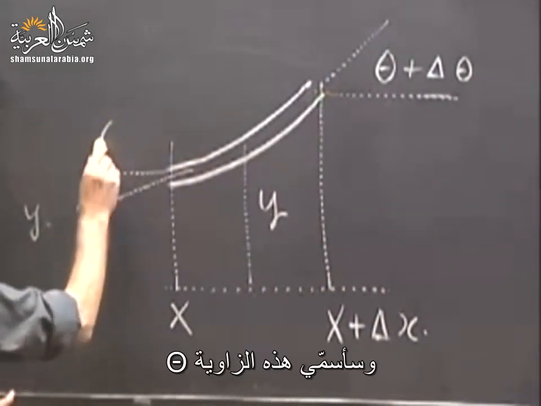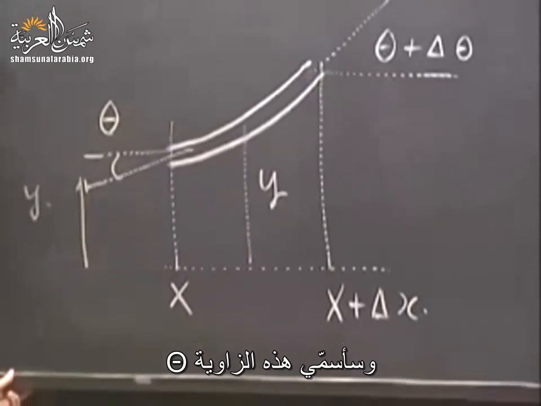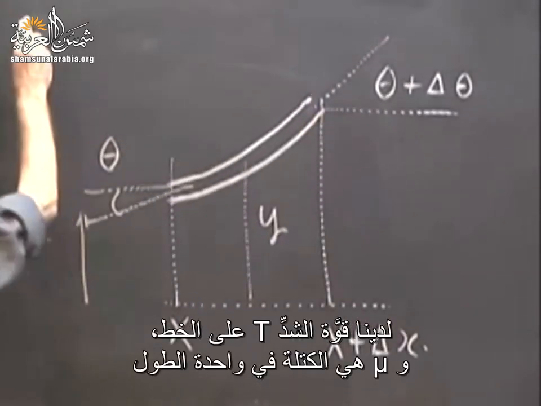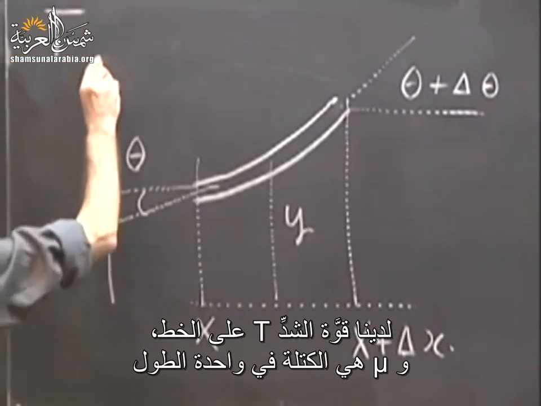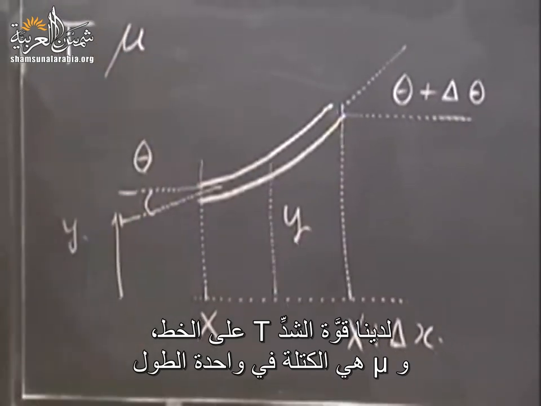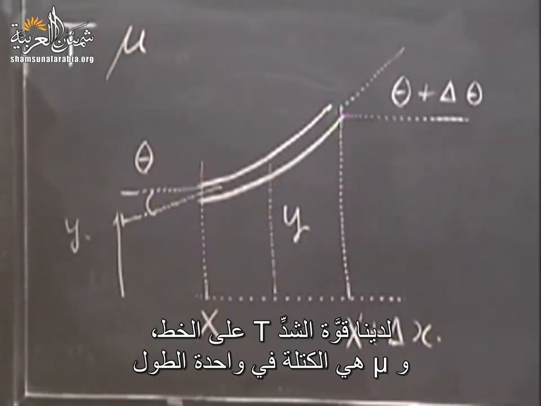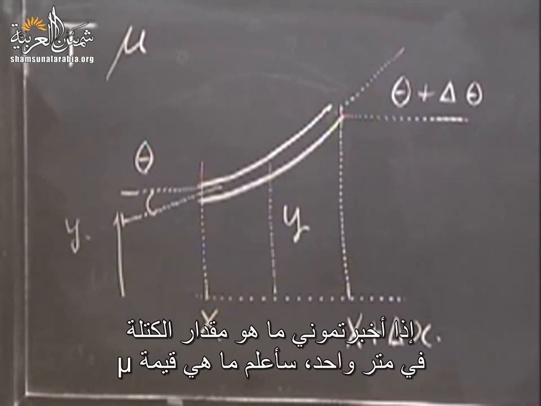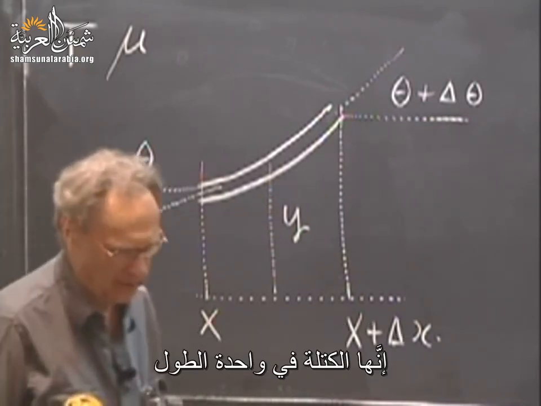And I call this angle theta. We have a tension T on the line. And mu is the mass per unit length. So you tell me what the mass per 1 meter is, and I know what mu is. It's the mass per unit length.